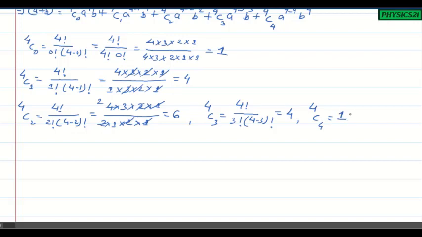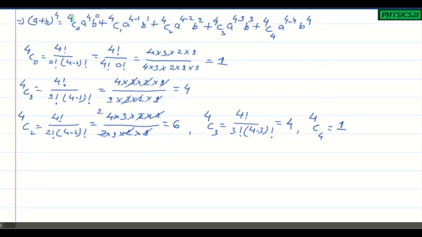Now substitute these values in the above expression. In place of 4C0, we will substitute 1.